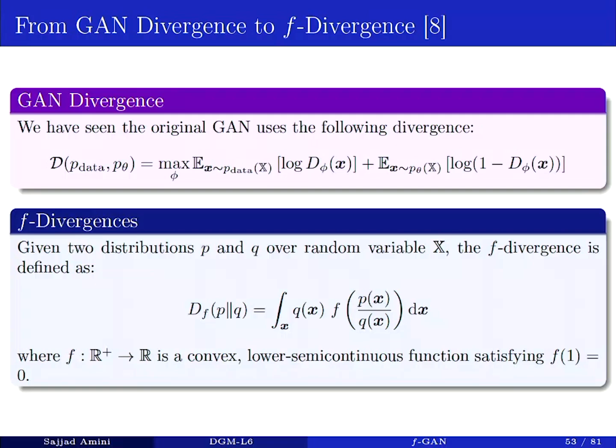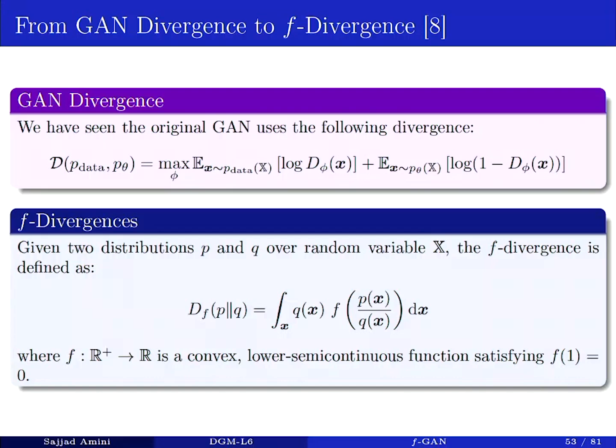But in f-divergence, this f must have some important properties. The first one is that f is from R positive to R. It means that it accepts samples from R positive. Why is it needed here? Because its inputs are all from R positive, because they are the ratio of PDFs.